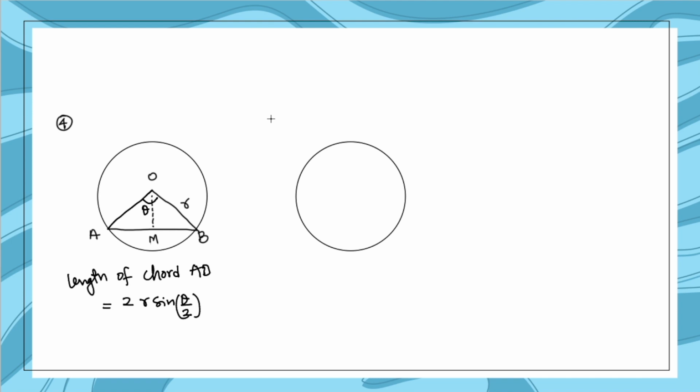Now the last and the most important thing about the chord and the circle: if there is a chord AB, and it makes some angle theta at the center, how much angle is it going to make on the circumference of the circle? That will be theta by 2.